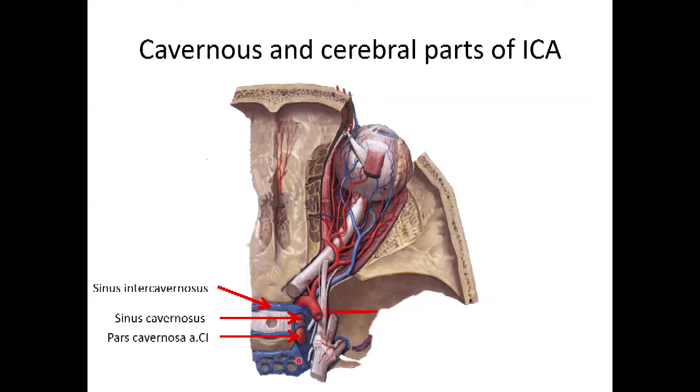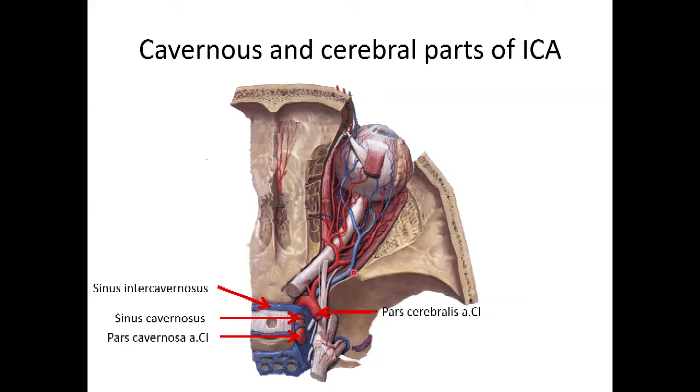And now I'd like to demonstrate to you that pars cerebralis of Arteria carotis interna is on the place where processus clinoideus posterior was located. It's here.